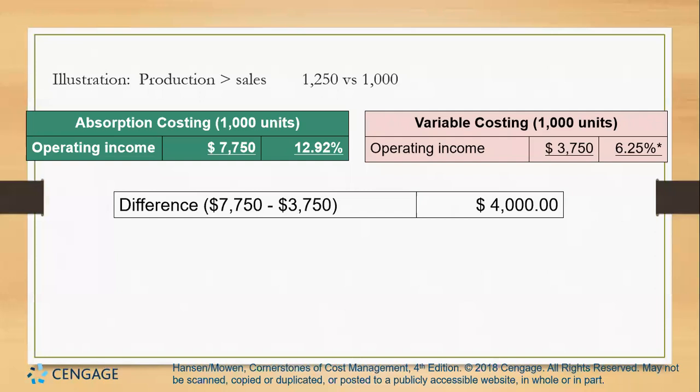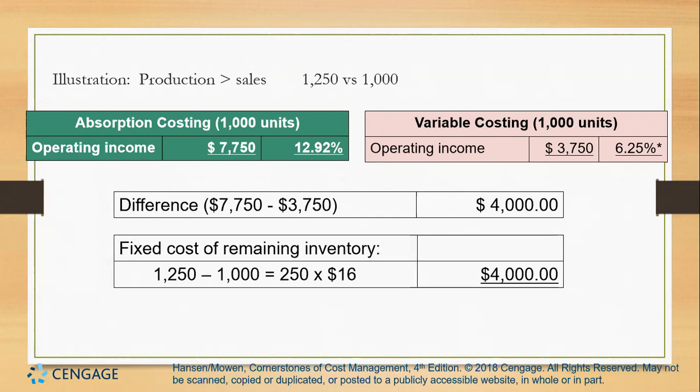It's 7,750 minus 3,750. Now we have the amount of 4,000. That's due to our remaining inventory since production is 1,250 and sales only 1,000.